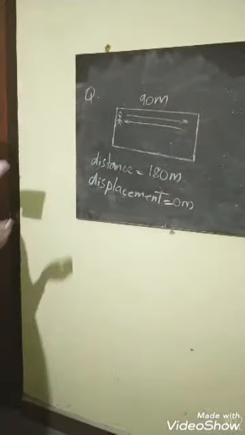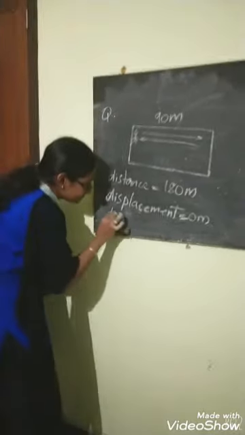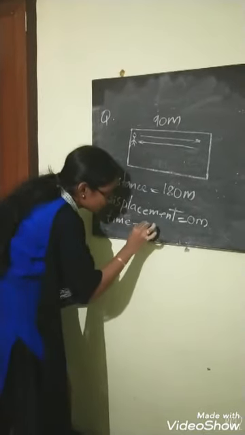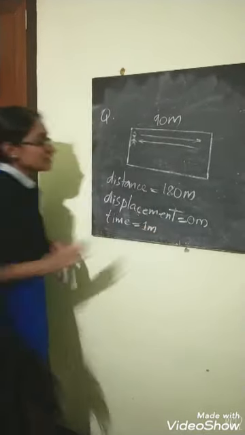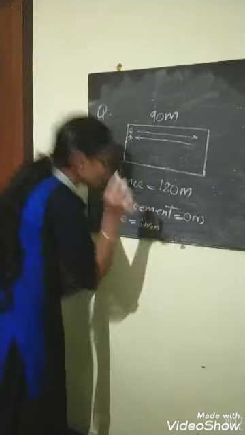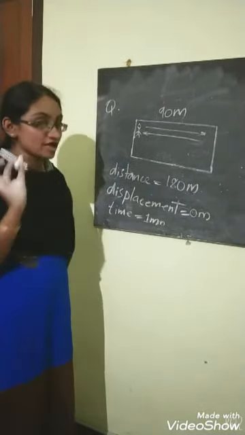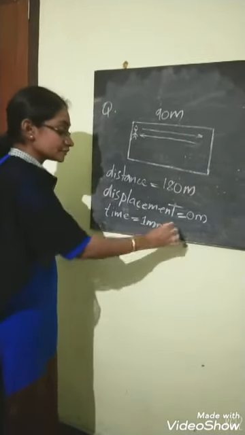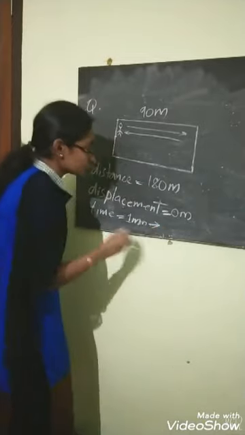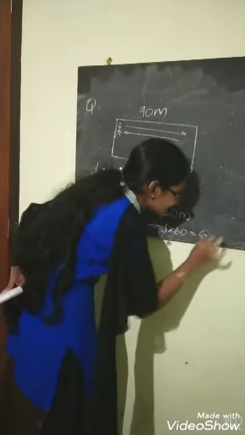And this person took a time of 1 minute. We want to convert this minute to seconds. Then 1 into 60 equals 60 seconds. This person took 60 seconds.